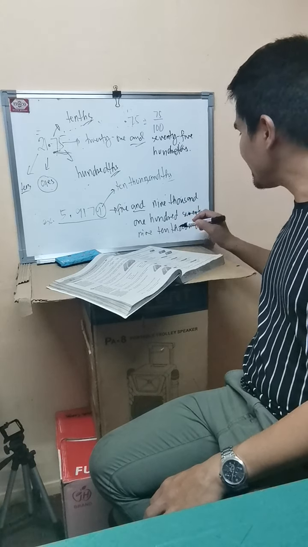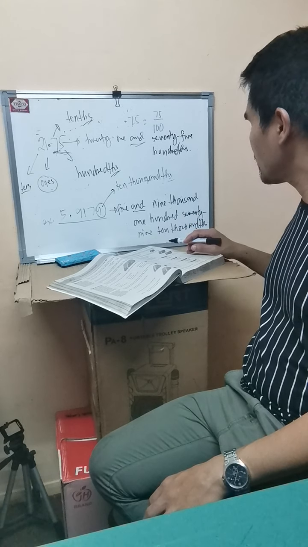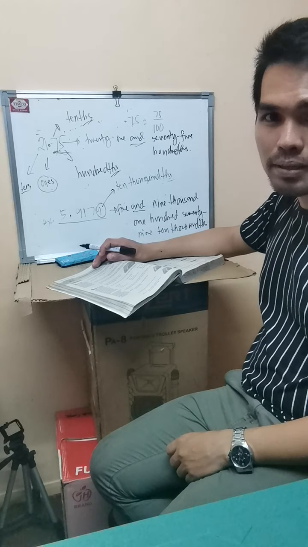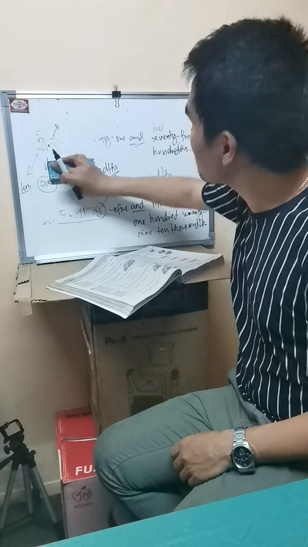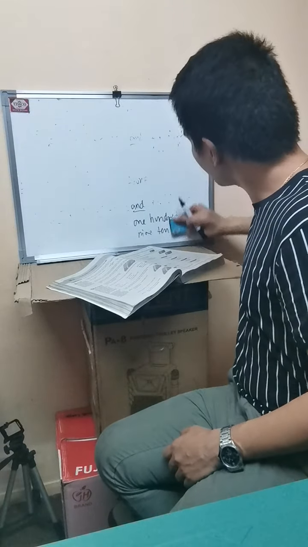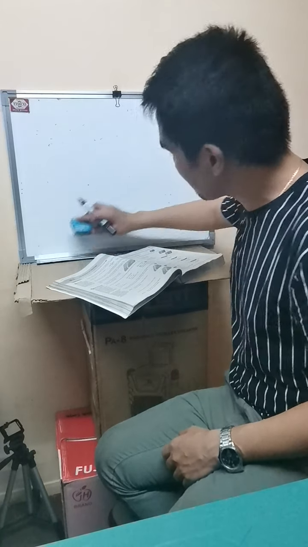So that's how we write the decimal point. Okay? So let's try examples and see how we're going to do this, and after that we will move to the next part of the topic.